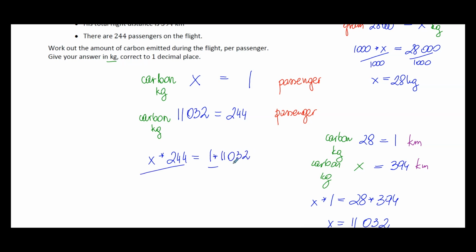I want to find the value of x, so we divide both sides of the equation by 244. We put that in the calculator, and we get, to 1 decimal place, 45.2. That's how many kilograms of carbon per one passenger are emitted during the flight.